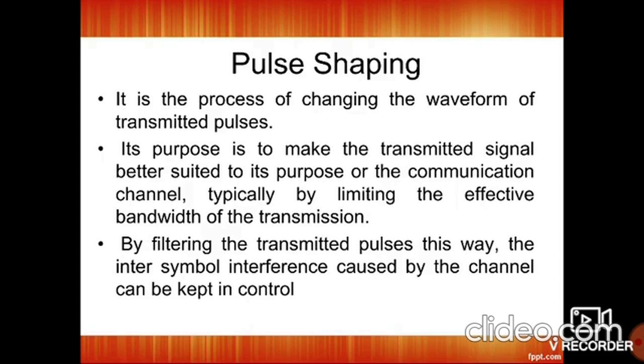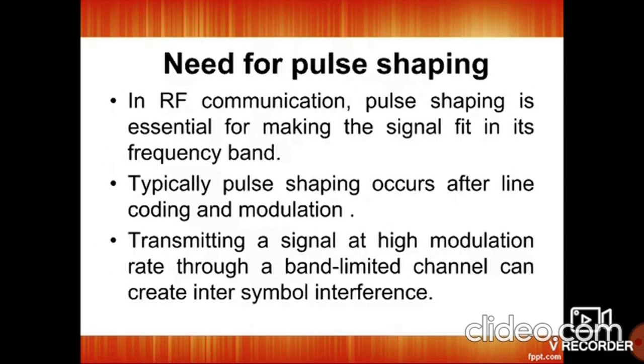Its purpose is to make the transmitted signal suitable for communication, that is, for effective or error-free transmission. By filtering the transmitted pulses in this way, the inter-symbol interference, ISI, can be kept under control.